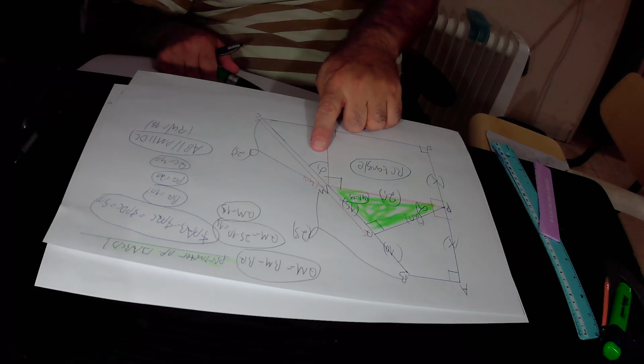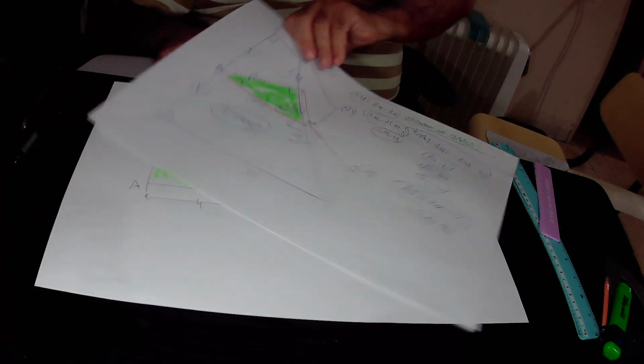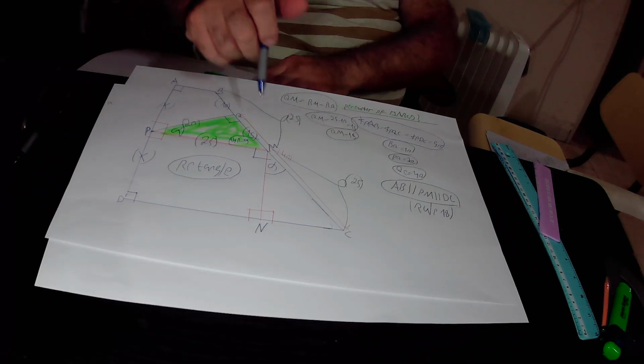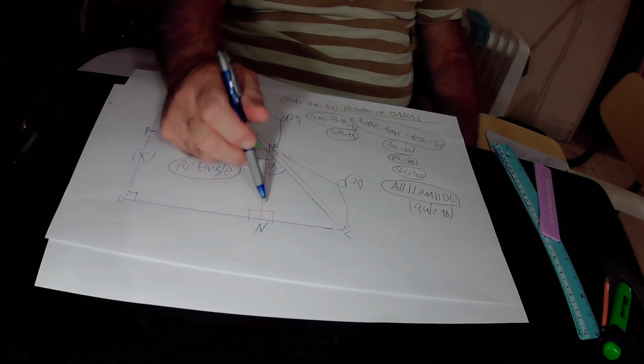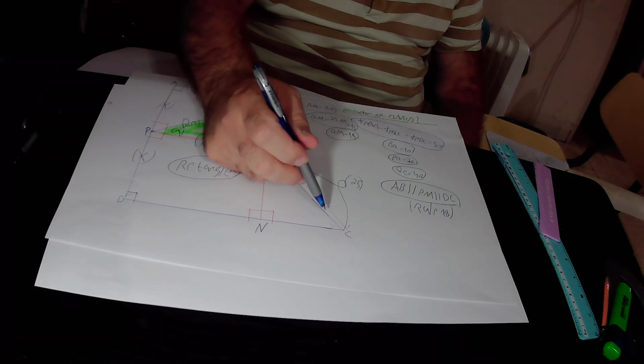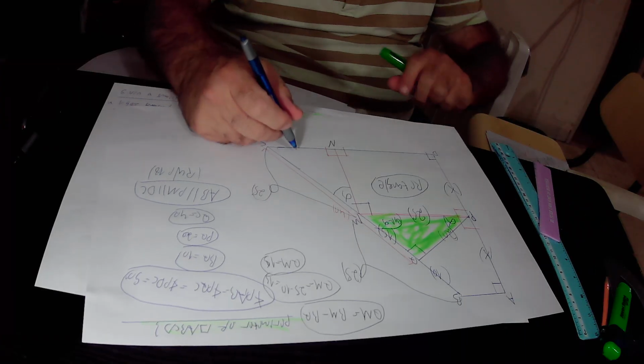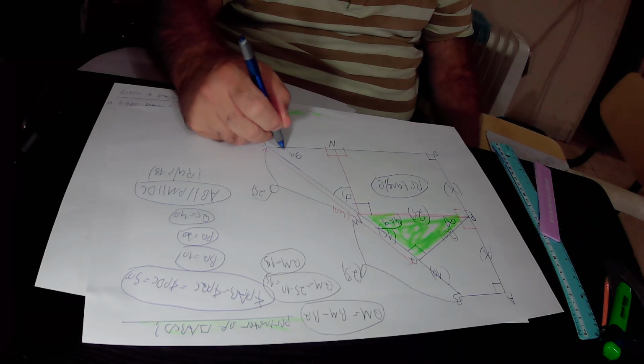So in the lower right triangle MNC, this angle equals alpha, this angle equals 90 degrees, and therefore this third missing angle must be equal to 90 degrees minus alpha, according to the sum rule that states that the sum of the angles in any triangle is equal to 180 degrees.